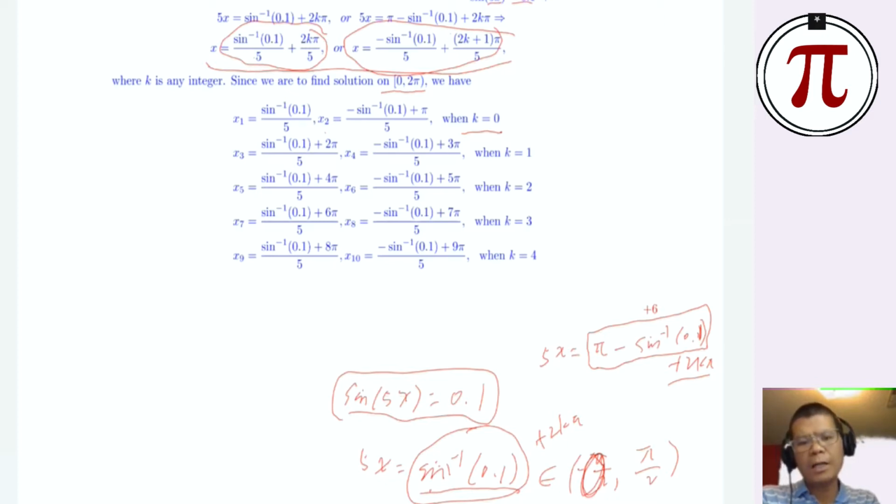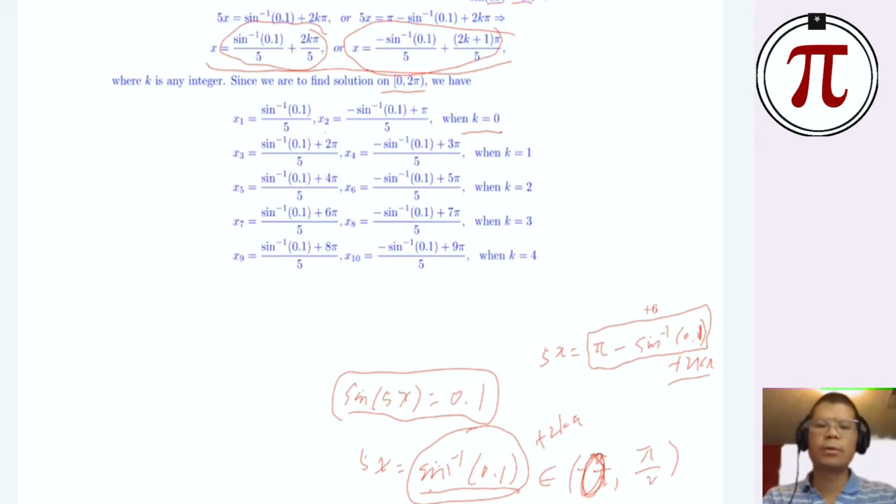All right. So how about k equals -1? Does -1 work? Why did I start with k equals 0 instead of k equals -1? K equals -1 would take you outside the range, wouldn't it? Yep, that's the reason.